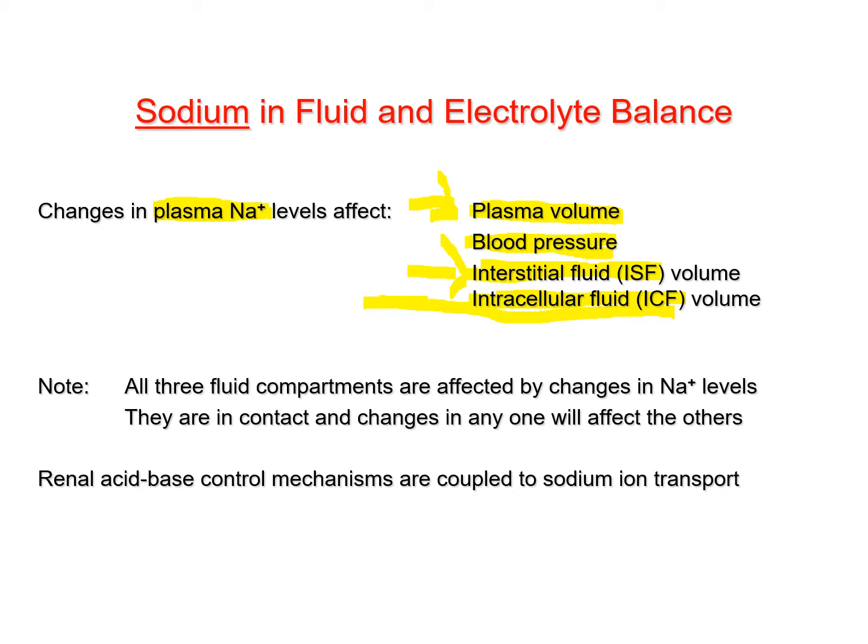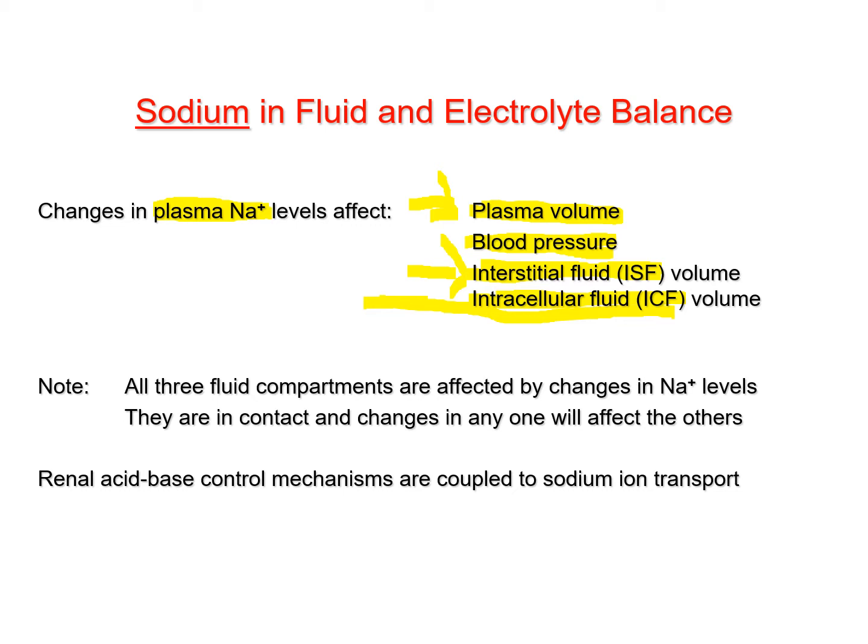If the sodium level drops in the plasma, for example, then fluid can move from the intravascular space into the interstitial, and from there into the intracellular. So any shift in sodium concentration in any of the compartments would cause the movement of water across from one compartment to the next.